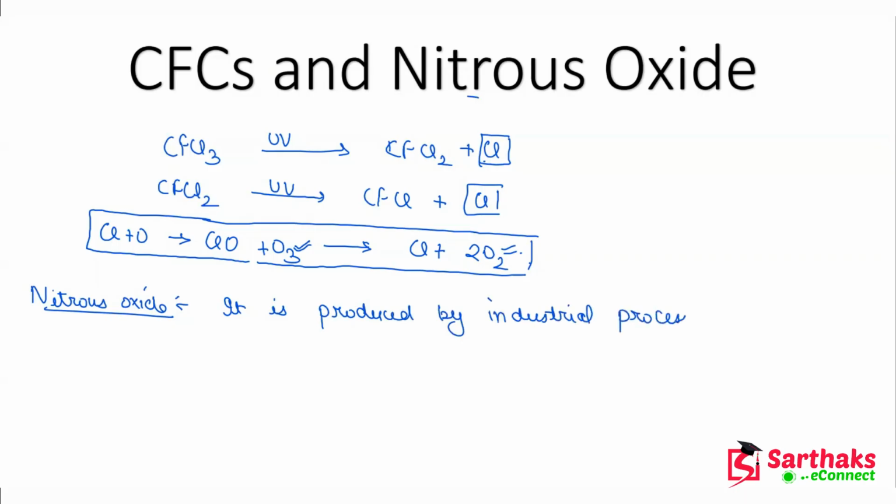Nitrous oxide is produced by industrial processes and forest fires. Whenever there is a fire in the forest, nitrous oxide is produced. It is also produced by solid waste disposal.